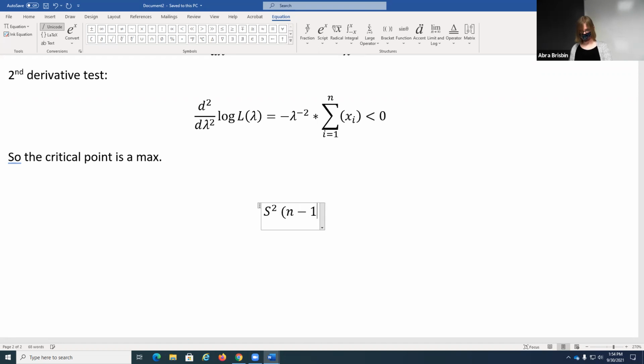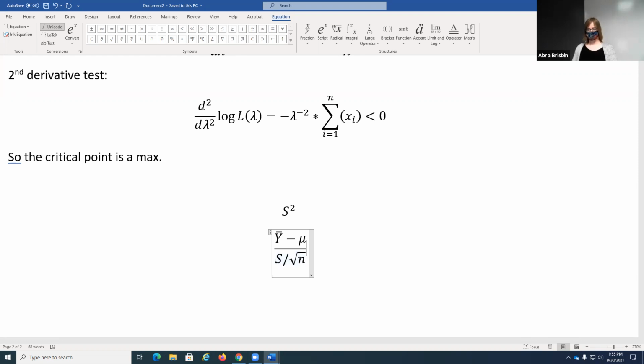So the T distribution would give us n minus 1. No, what am I doing? Y bar minus mu over S over the square root of n.